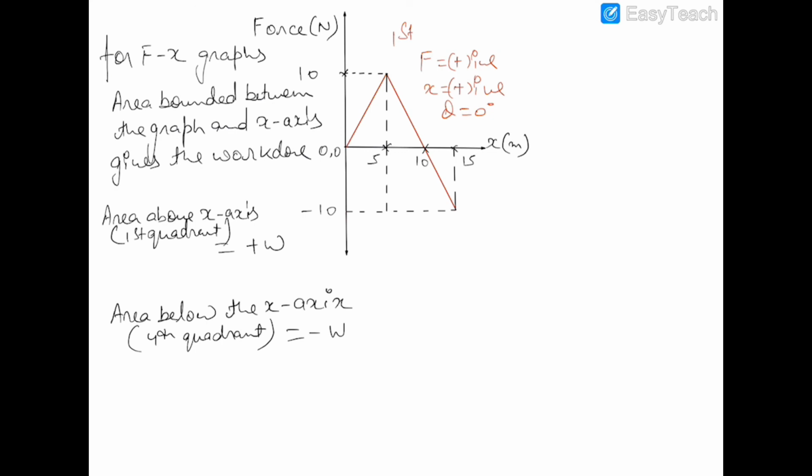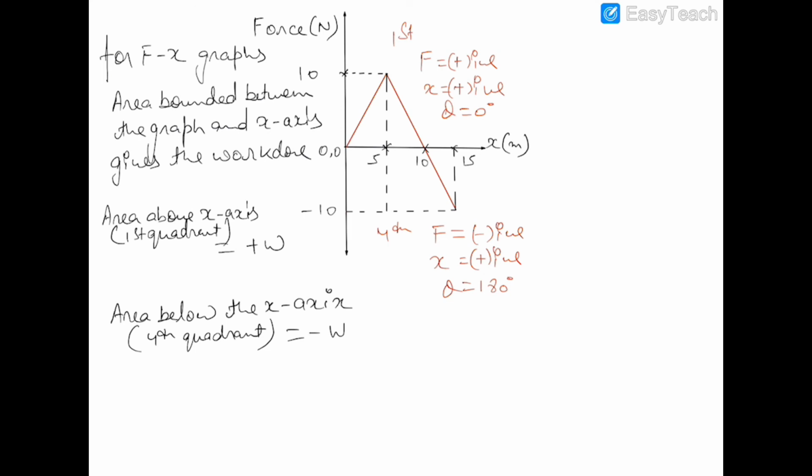Or in the fourth quadrant, force is negative and displacement is positive, which means the angle between them is 180 degree. So this is easily understandable that in the first quadrant the work done would be positive and in the fourth quadrant the work done would be negative.